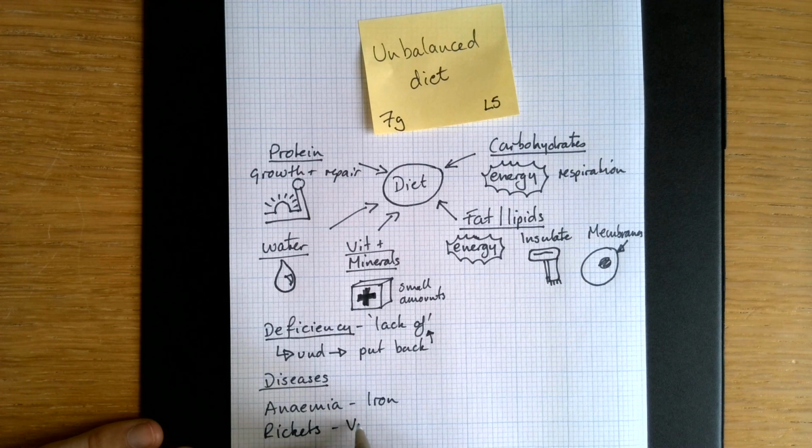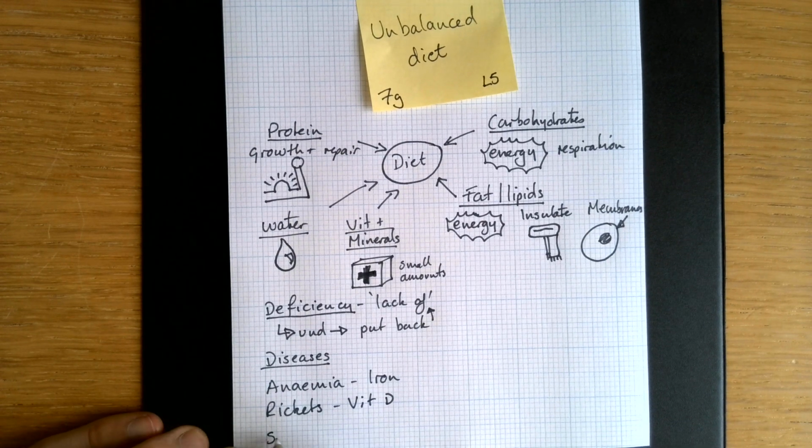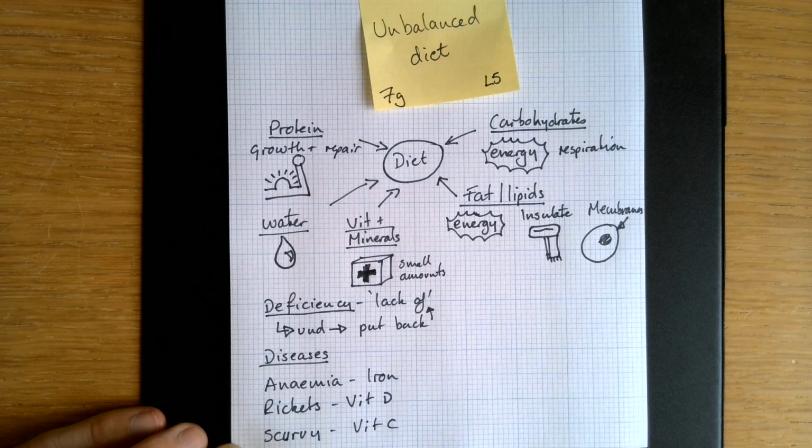And rickets is a lack of vitamin D. This can affect your bone growth. And finally, we've got scurvy, so a lack of vitamin C. And with any one of these three, all you've got to do to overcome these is take more iron in your diet, add more vitamin D, or add more vitamin C.